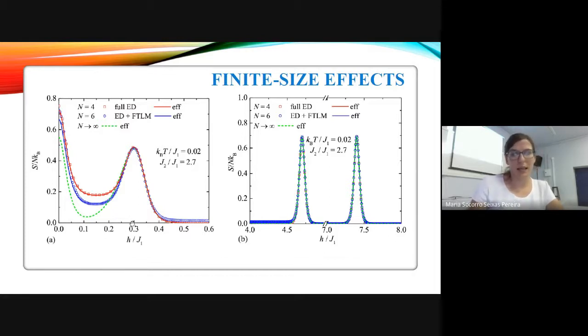It is also very nice that either full exact diagonalization or exact diagonalization combined with the finite temperature Lanczos method can give us results only for small system sizes, but our lattice gas description allows us to give predictions also for the thermodynamic limit.